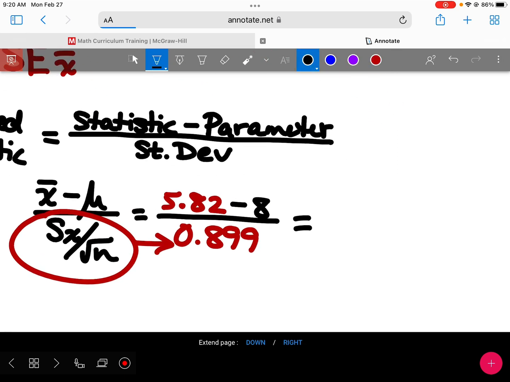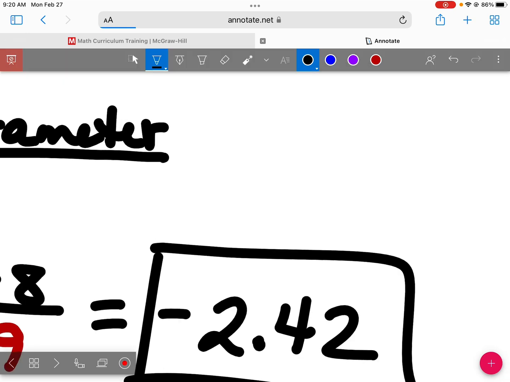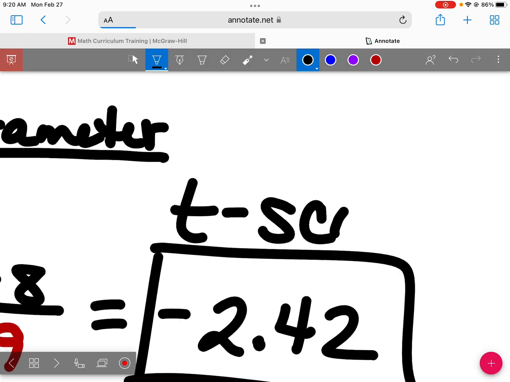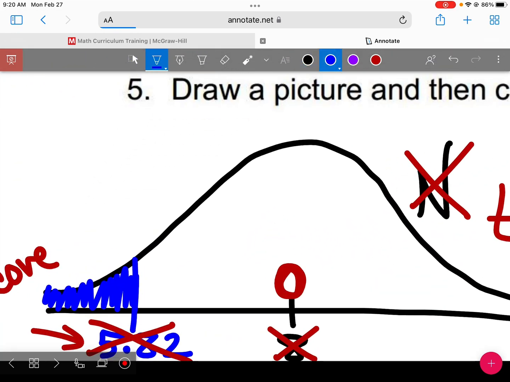All right, let's pop that in our calculator. What'd you get? Negative 2.42. This is our t-score. So that's what we would have right here.